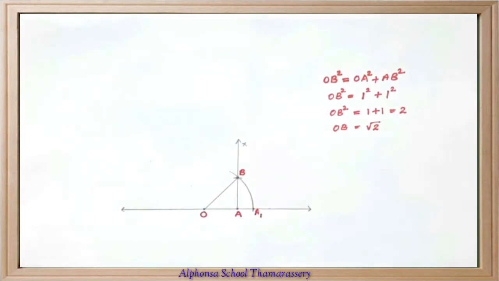So, OA1 is equal to OB because they are the radii of the circle. OB equal to root 2, so OA1 is equal to root 2 because they are the radii of the circle. Thus, A1 represents root 2 on the number line.